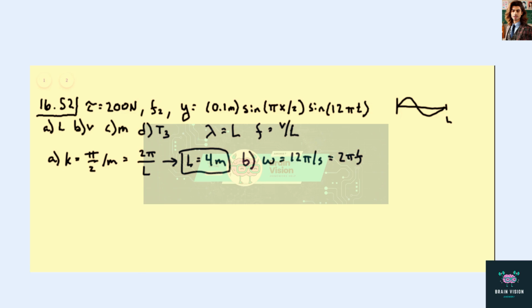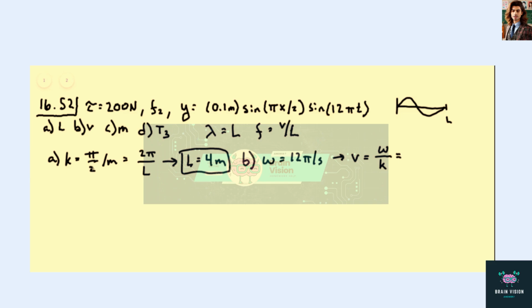Actually, let's just think of it that way. It's easier. So the omega is 12 pi radians per second, and the wave speed is the angular frequency divided by the wave number. We've just found both of these things.